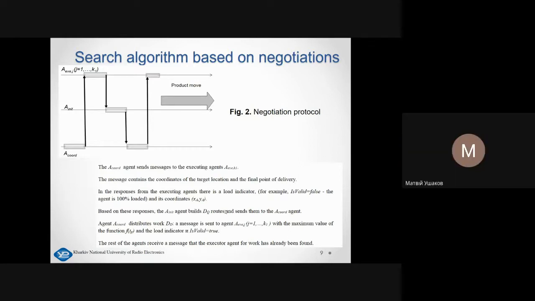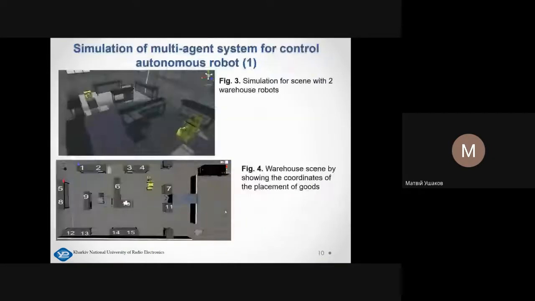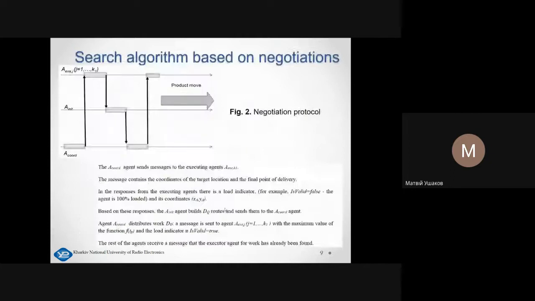Okay. It works like this: if we have a robot standing in one place and the target it is moving to, it's working like a grid pattern.